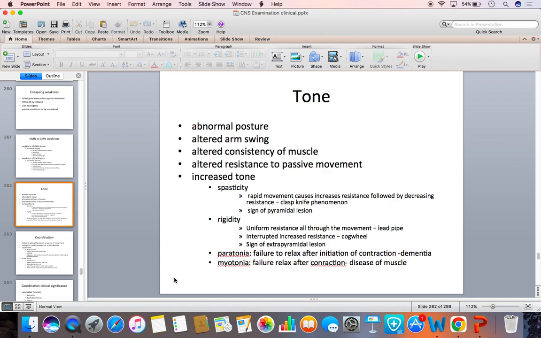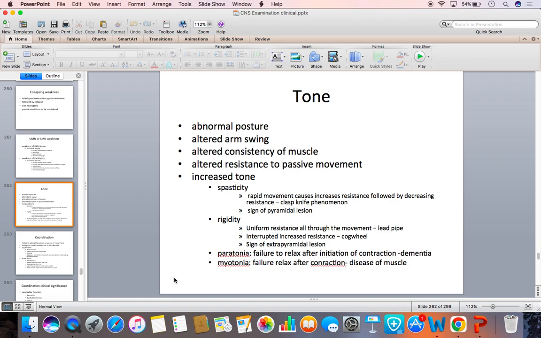Altered resistance to passive movement. If it is increased, it could be due to spasticity or rigidity. What is spasticity? There is a graded increase in the resistance following rapidity of the movements around the joint.